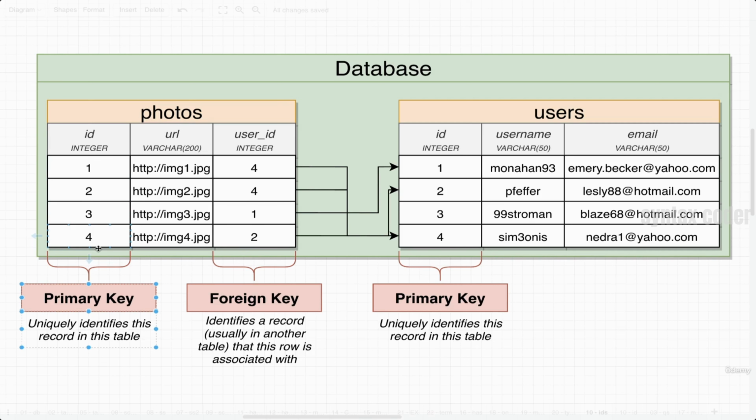Then to set up a relationship with a row inside of another table, we're going to add in a foreign key, and inside that column, we're going to say, here is the ID of the user associated with this photo. Now, the first time you see this entire setup, it gets a little bit confusing. So let's take a look at a couple more examples and really better define this whole setup and go through some examples as well and get a really good idea of how we set up and maintain these relationships.